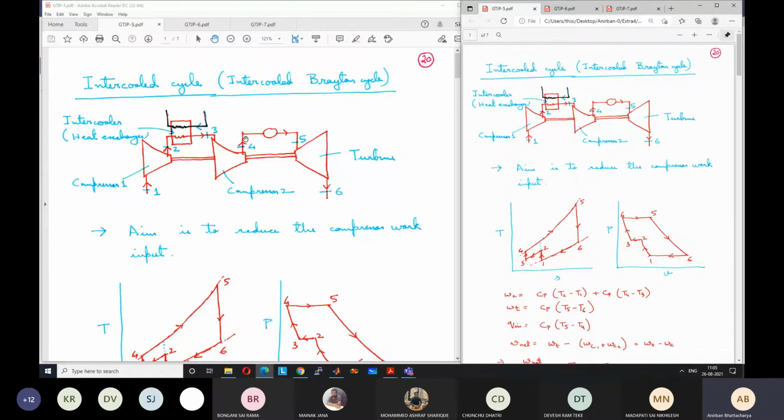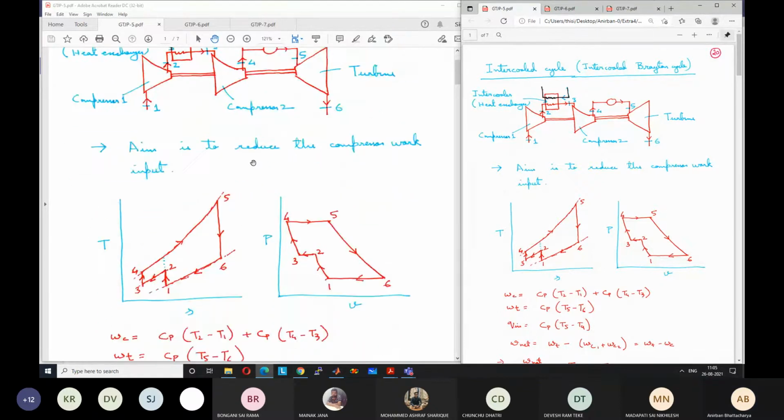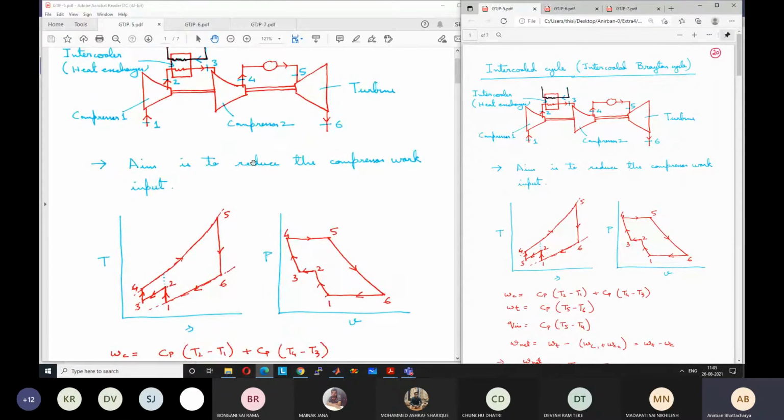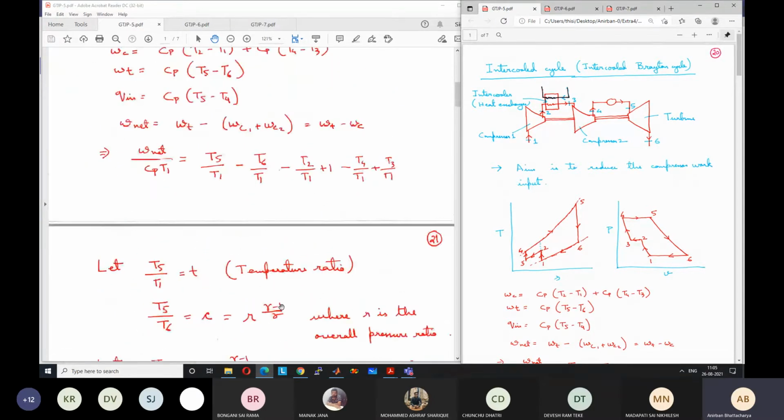The compression process is divided into two processes, and there is a cooling in between, so that the air from the outlet of the first compressor is cooled to a low temperature, and less work is required for compressing it again to high pressure. And we have seen the plots also for this case.